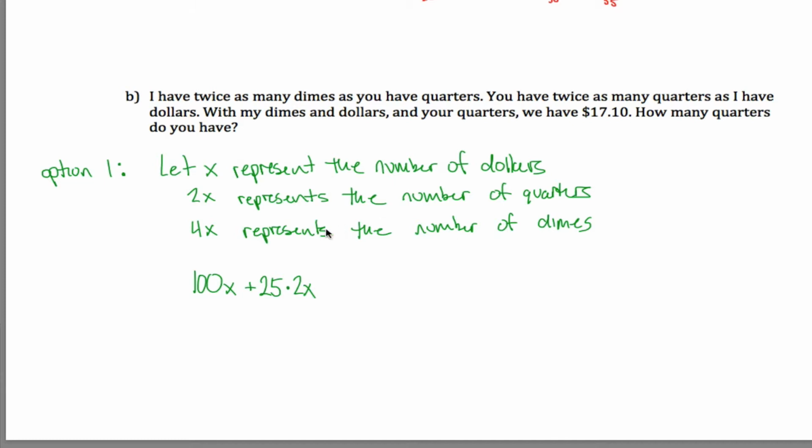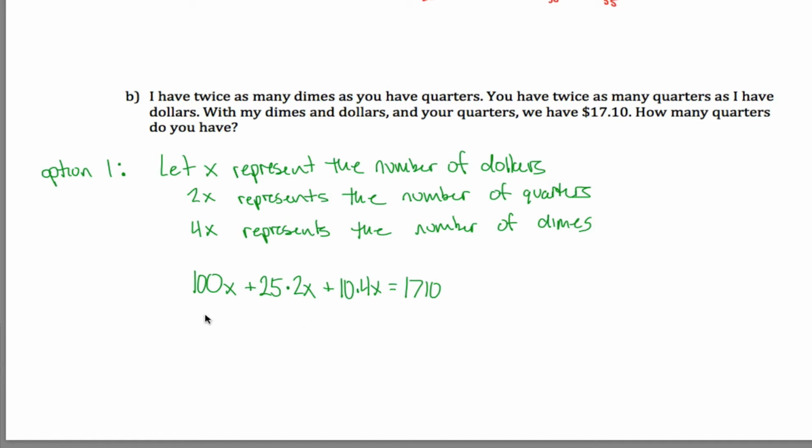And the amount of pennies I have in dimes would be 10 times 4x. So instead of saying a dollar is 1.00 and a quarter is 0.25 and a dime is 0.10, instead of dealing with dollars as my unit, I'll deal with pennies as my unit, in which case it's 100, 25, and 10 respectively. And when I add those up, I should get 1710.